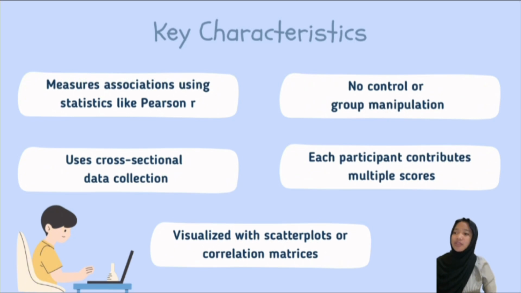Third, all data is collected at one point in time, making it cross-sectional. Fourth, each participant provides at least two scores, one for each variable. And the last, data is often displayed using scatter plots or correlation matrices.